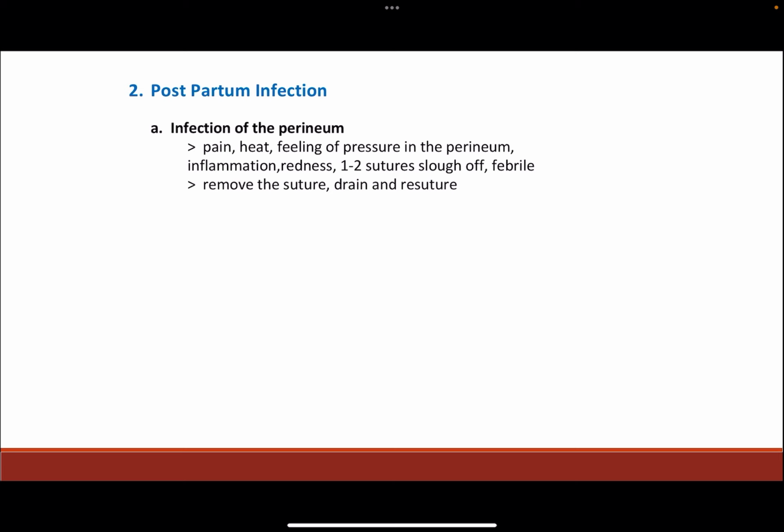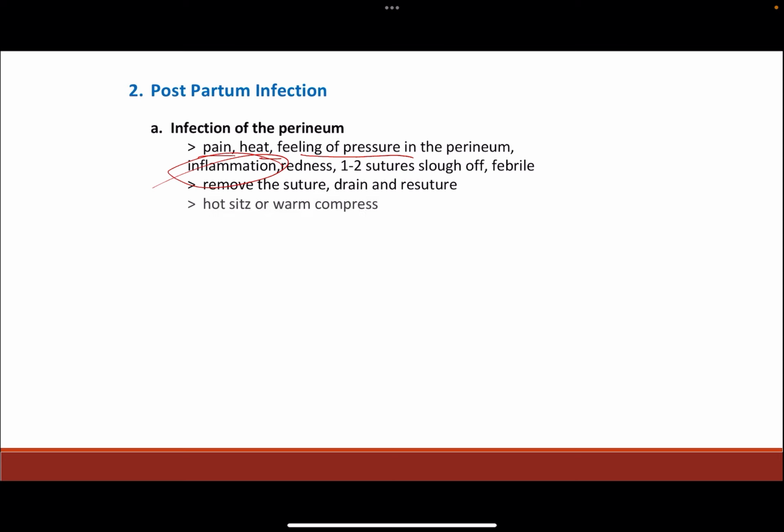In postpartum infection, we have to inspect the perineum. Upon inspection, if there is pain, heat, a feeling of pressure in the perineum, the patient is experiencing inflammation and redness. So remove the suture, drain, and resuture.